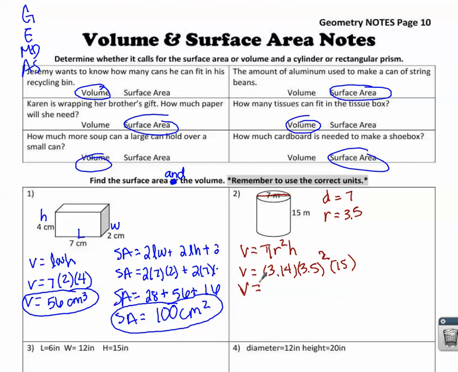So 3.5 squared is 12.25. Now you can multiply from left to right. Your final answer should be 576.975 meters cubed.